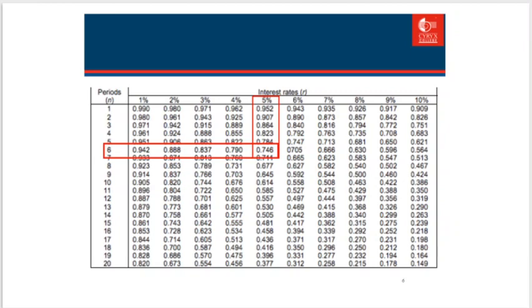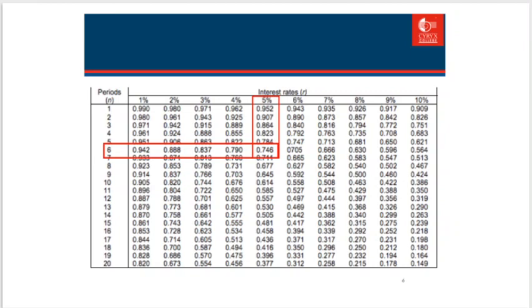And the rate is 5%, right? So we focus on 5% and the number of periods 6. We will get the number 0.746.